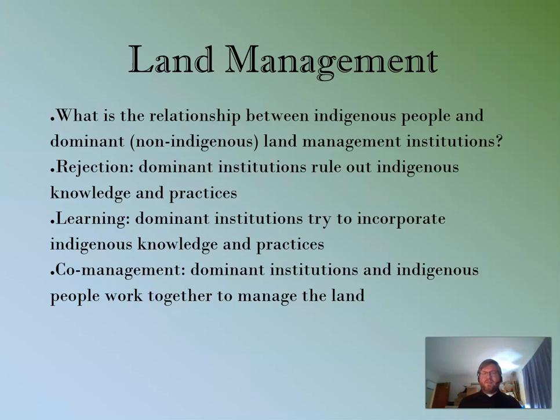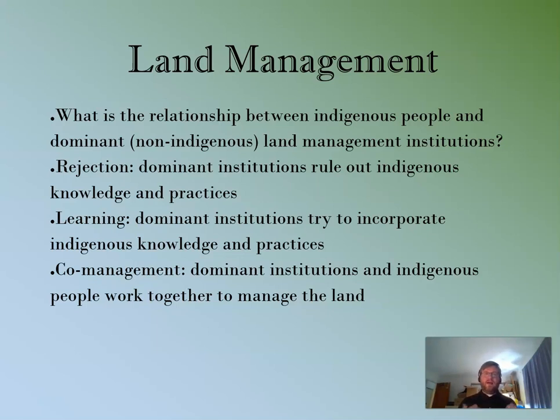Then we also have the option of co-management. Here you have a partnership formed between these dominant institutions and indigenous people, where they work together to come up with a plan to manage the land, trying to balance all of the different values and goals that both sides have for what they want to see from this land.